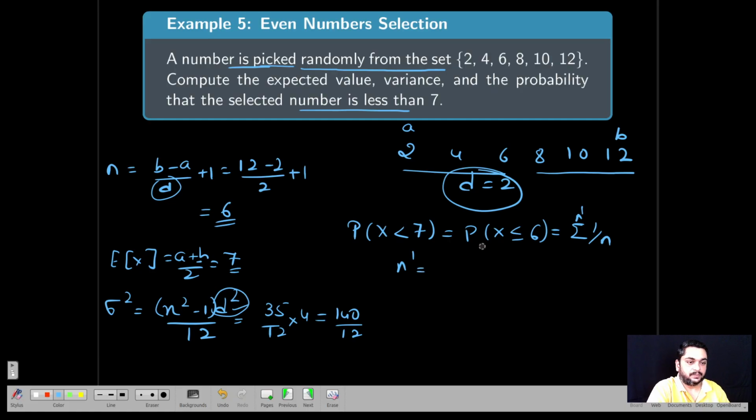Again, B dash is 6. What is A dash? It starts from 2. So 6 minus 2 divided by D. This is important. Again, otherwise you will mess up here. Don't forget to add plus 1. This comes out to be 4 by 2, that is 2, plus 1, 3. n dash is 3. So that means 3 times 1 by 6, which is equal to 1 by 2.